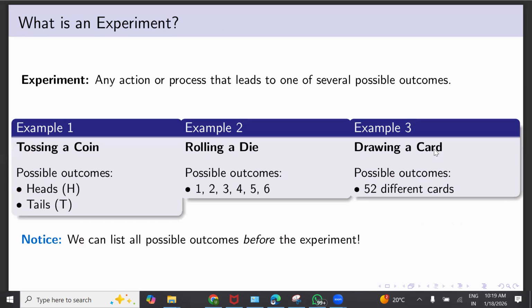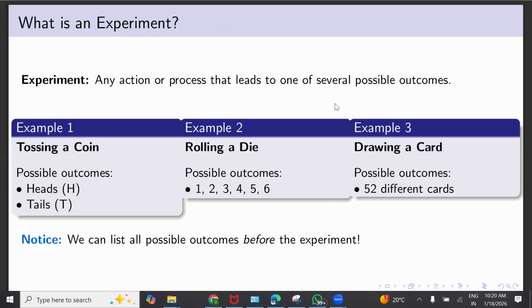So let's try to understand. We'll first understand what an experiment is. What is an experiment? Basically any action or process that leads to one of several possible outcomes. For example, one, tossing a coin.